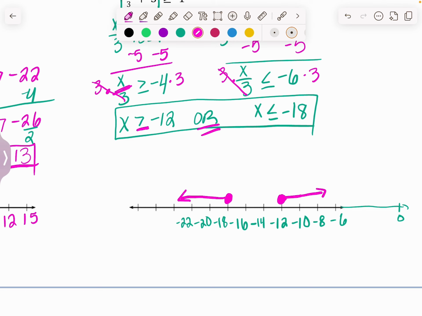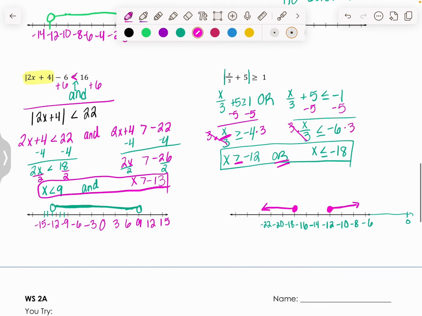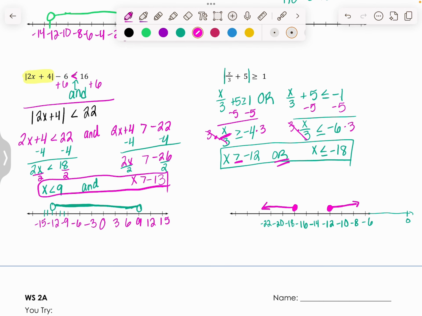So an or always is going opposite directions, and an and is going together. So come back to checking the very first page where it says the process. For absolute values less than or equal to, you're going to start with an and. For absolute values that are greater than or equal to, you're going to start with the or.